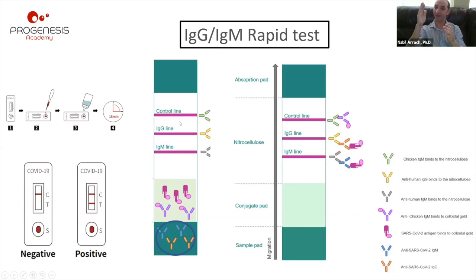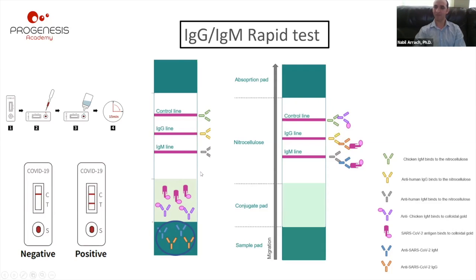When the antigen-antibody finds the conjugated antibody, it forms a complex of antigen, antibody, and conjugated antibody, and that leads to a marker being displayed there in red color. So this test is a colloidal gold test, for the gold or red color that displays in this test.